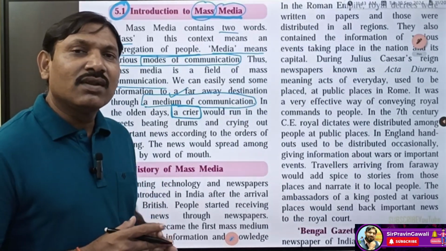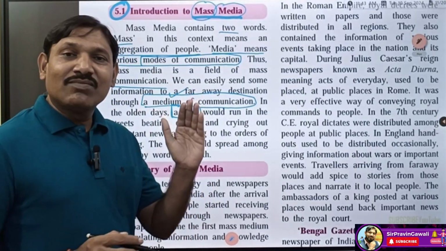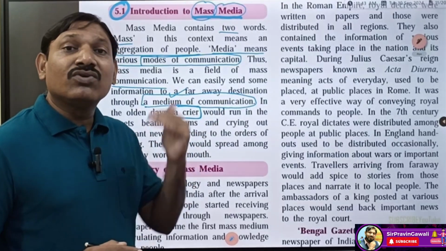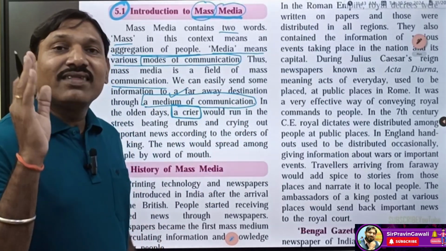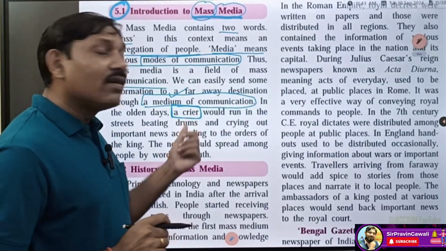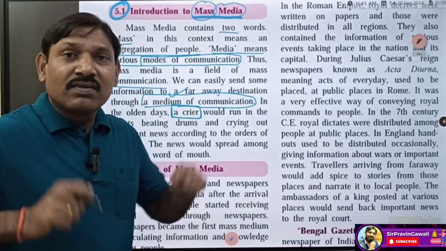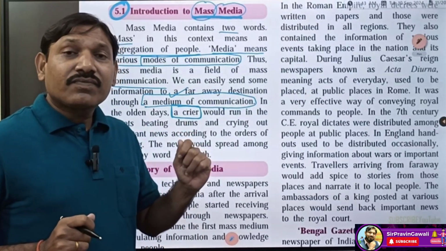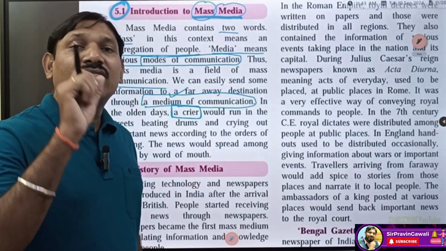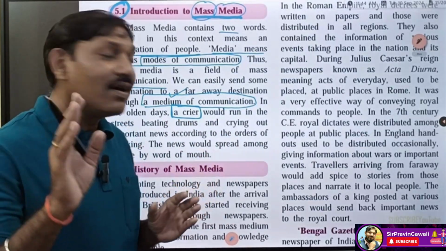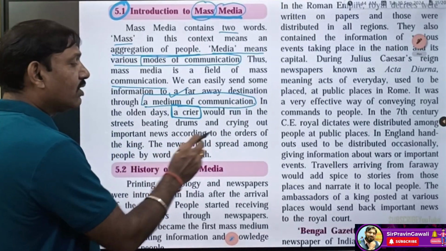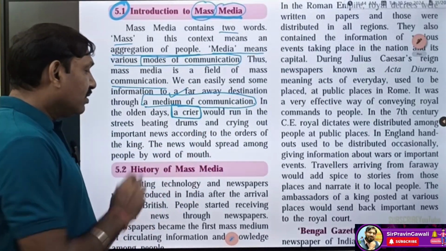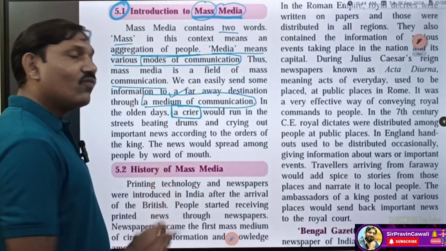Then what is a crier, students? Cry means shout, and a crier means the person who shouts and announces the order given by the king. This crier used to beat the drums, run into the villages and announce whatever order was given by the king. So beating drums and crying out important news according to the orders of the king, the news would spread among people by word of mouth.